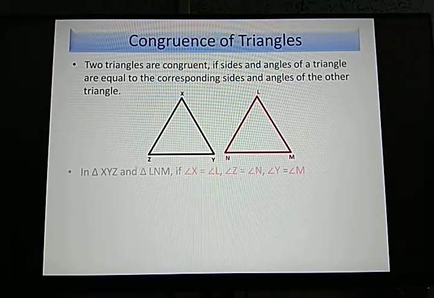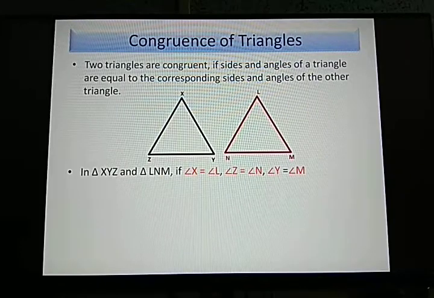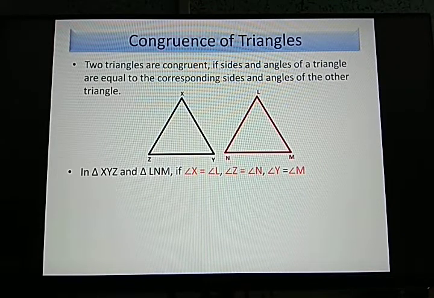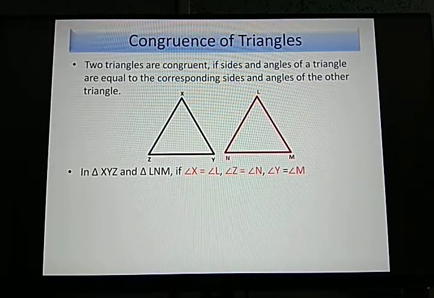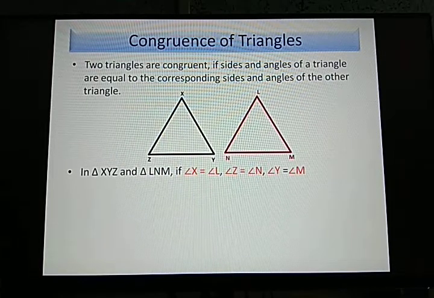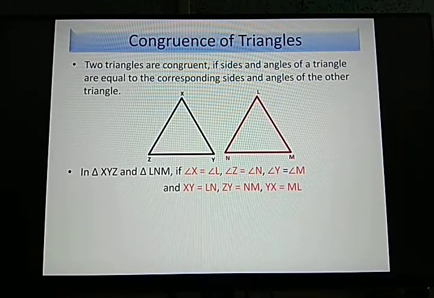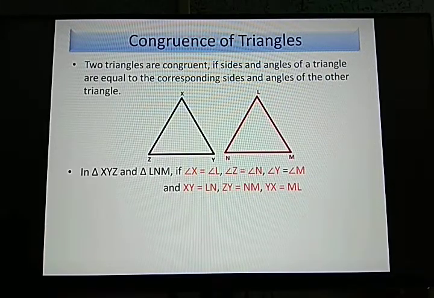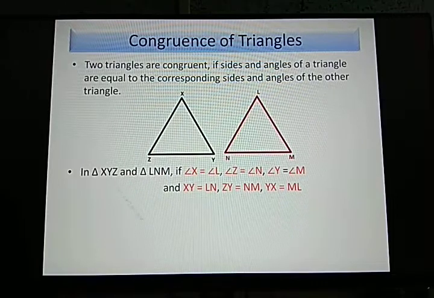That is, if in triangle XYZ and triangle LMN, if angle X is equal to angle L, because these are corresponding angles, then angle Z is equal to angle N, angle Y is equal to angle M. Also, if XY is equal to LN, ZY is equal to NM, YX is equal to ML, then we can clearly say that yes, both the triangles are congruent to each other, and this is denoted by this symbol.